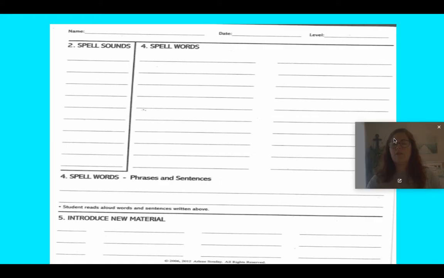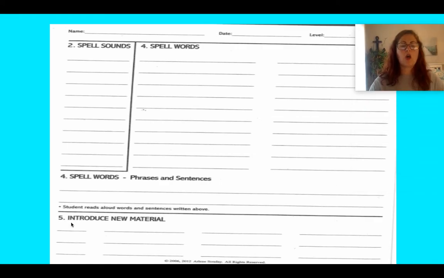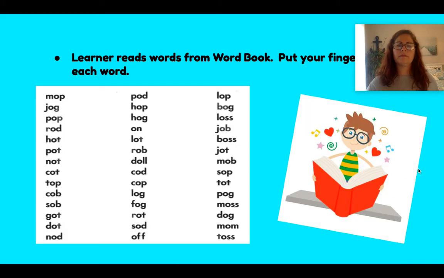Now I would like for you to write O 3 times in this area right here. So write O says ah 3 times while saying it. O says ah. O says ah. Okay.